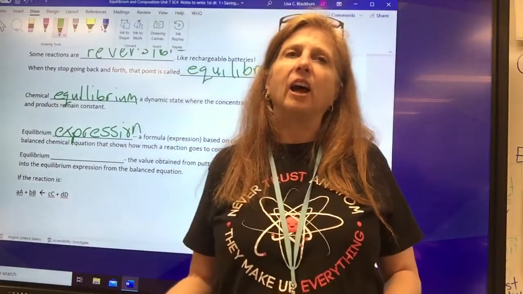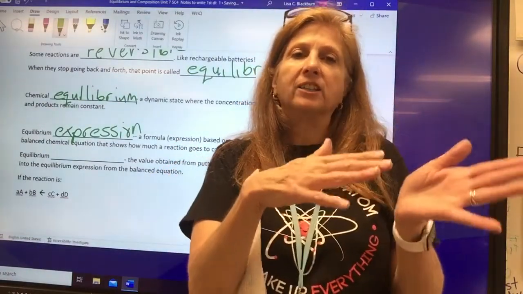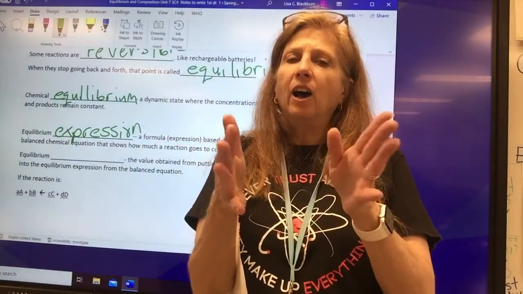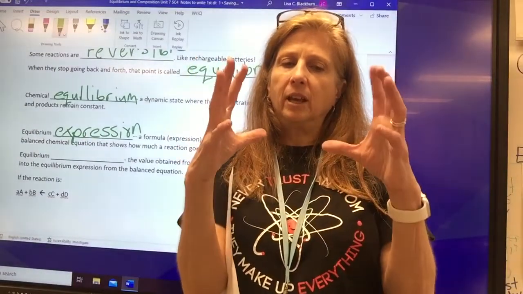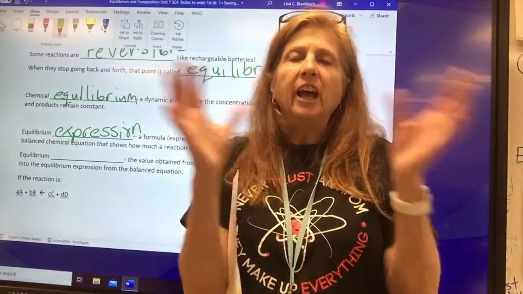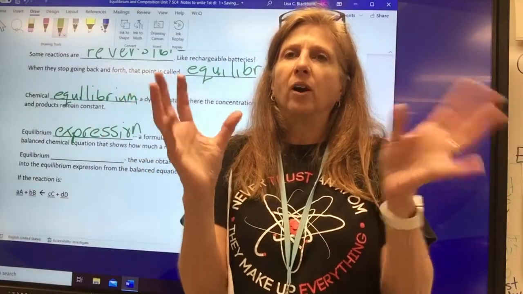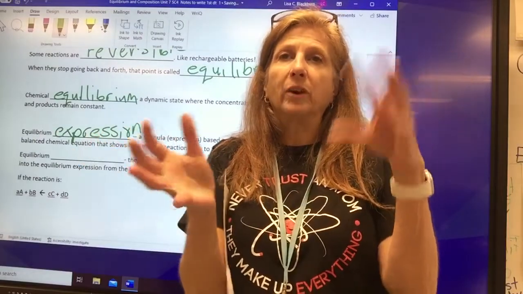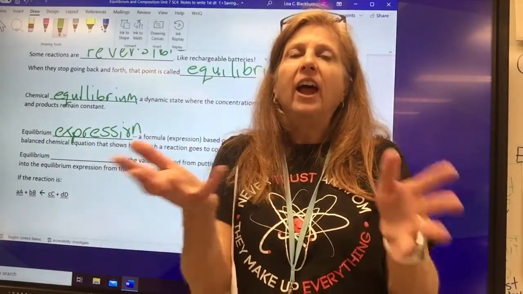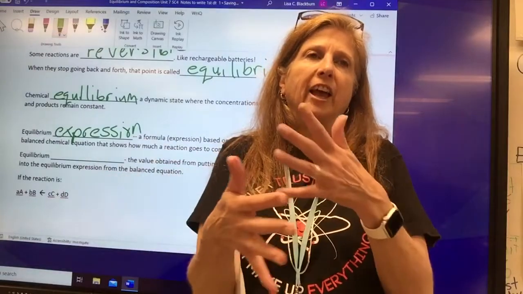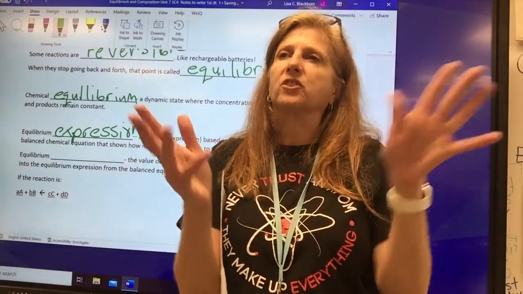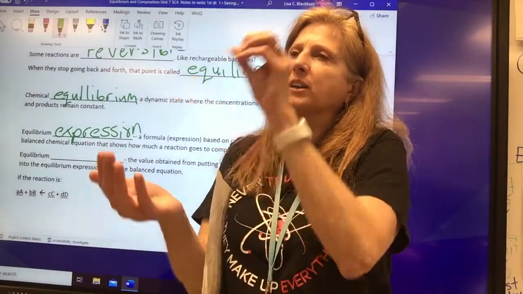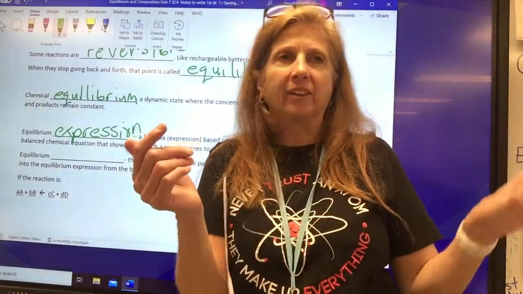So a lot of times we want to know if a reaction can go back and forth, but then if it is under a certain condition, it will reach a point where in your beaker you have some reactants and you have some products, and those concentrations remain the same. There's some reactants that are reacting and becoming products, but at the same rate, some of the products are breaking down and becoming reactants again.